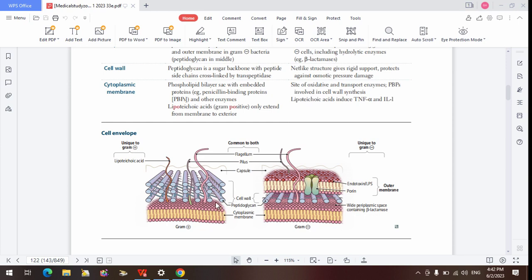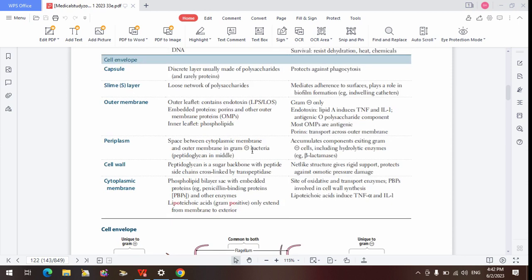But gram-positive organisms don't have an outer membrane. Unless you say it's between this structure here, which is your cell wall, but it's not really something we should worry ourselves about.